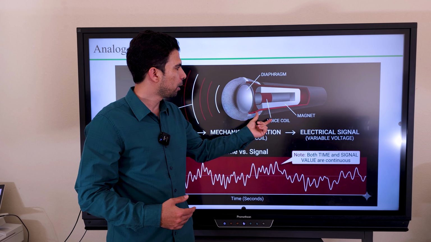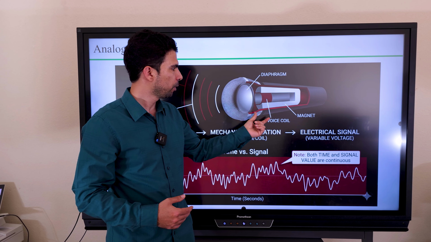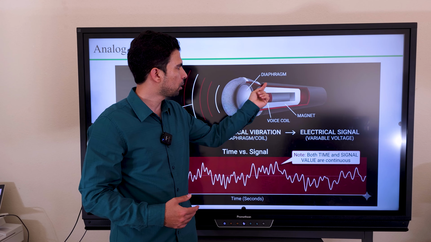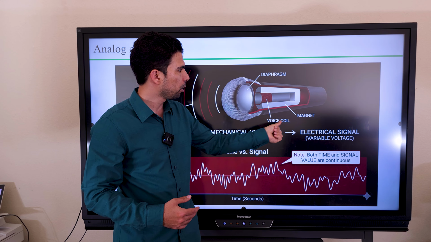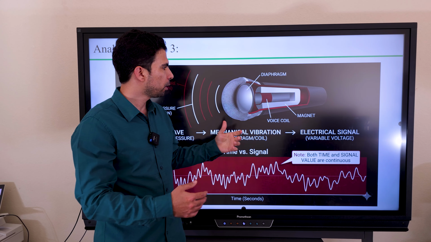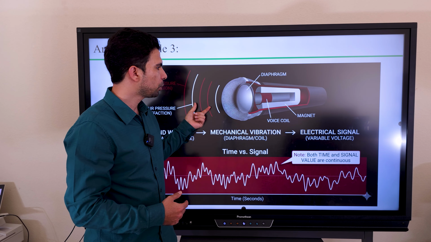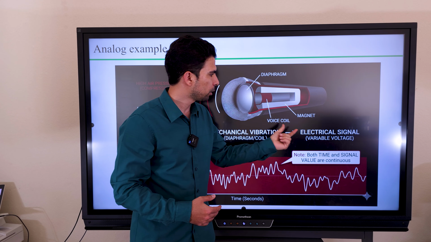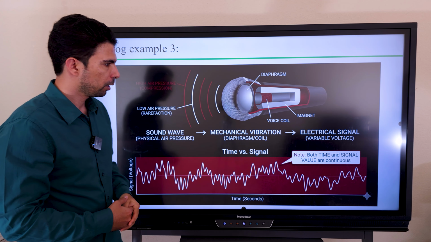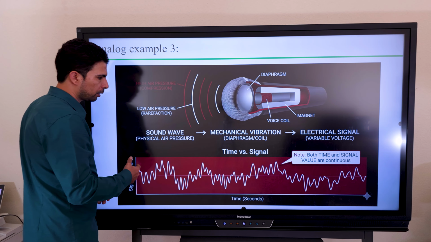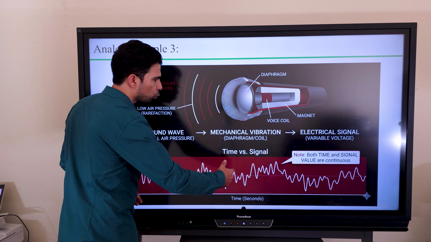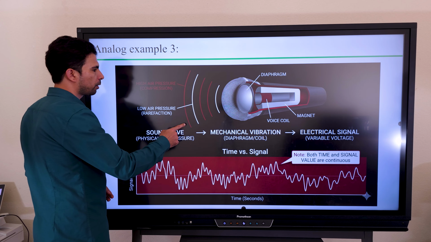It has an internal mechanism that consists of many parts like the diaphragm, the voice coil, the magnet, and so on, to finally take the air variations and convert them into an electrical signal. That is how it works, and that is how the final output signal will look. So this is the third example.